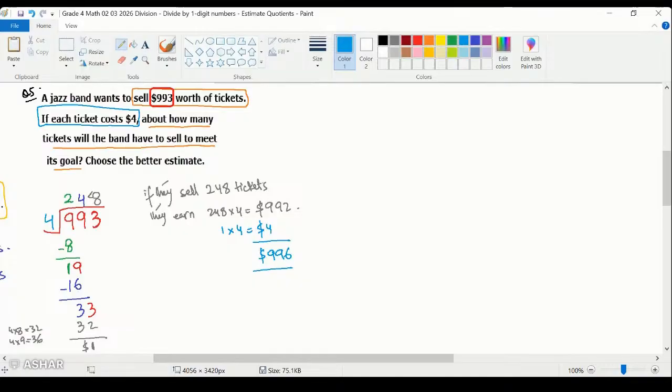So for the $1 they want to earn more, they sell one more ticket. So how many tickets did they sell altogether? They need to sell 249 tickets, right?